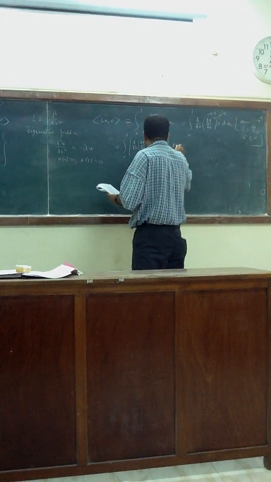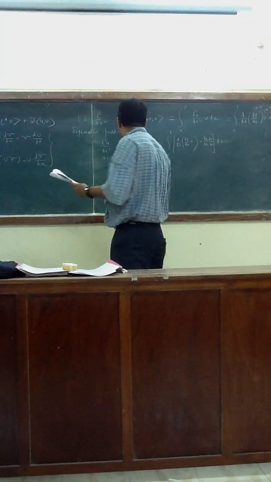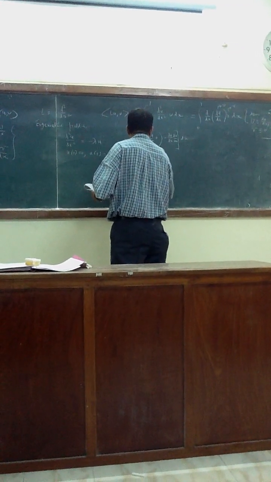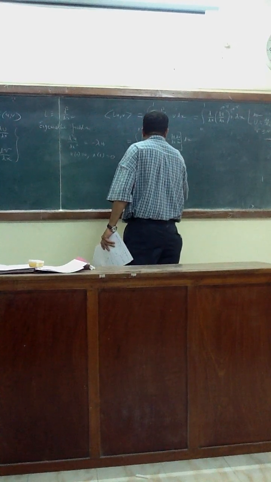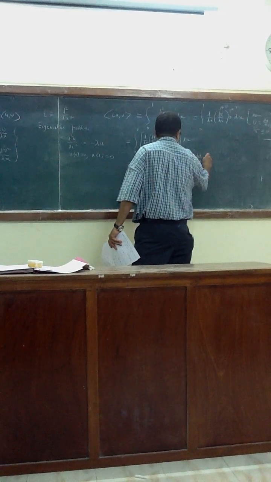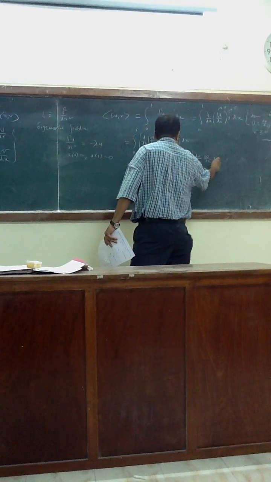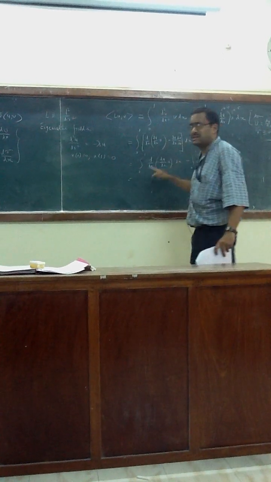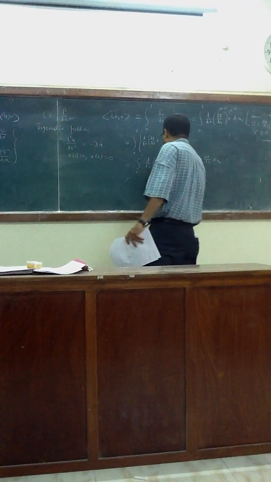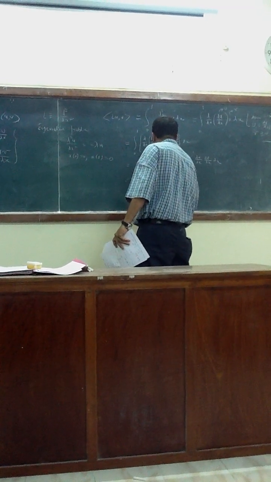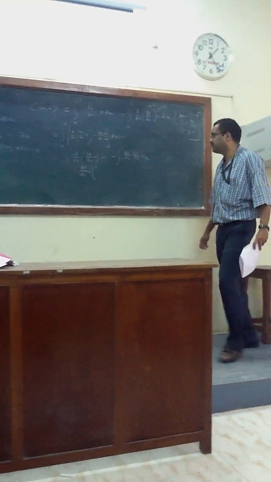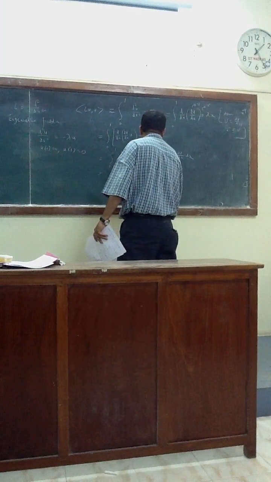So next step: the integral from 0 to 1 of d/dx of du dx times v dx minus the integral from 0 to 1 of du dx, dv dx, dx. This d/dx and dx will cancel, and it will become du dx times v from 0 to 1. Am I correct? Yes or no? Yes. And then minus the integral from 0 to 1 of du dx, dv dx, dx.